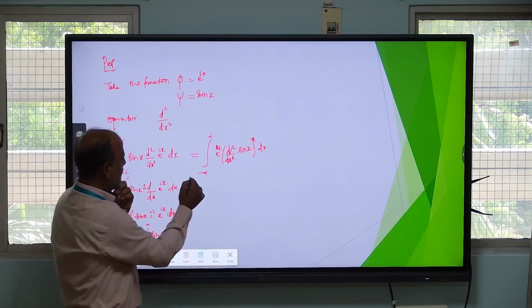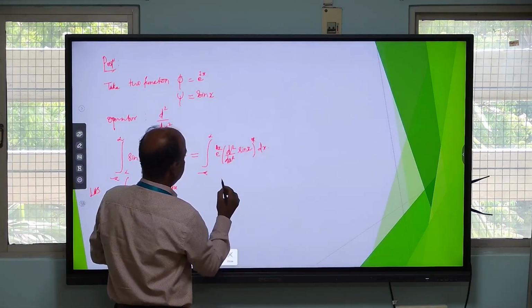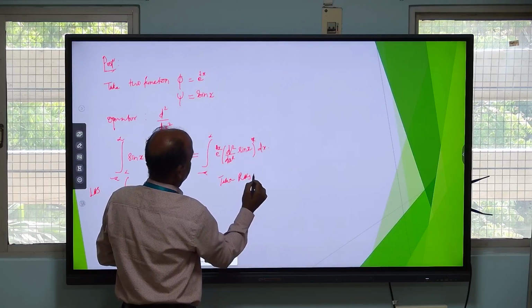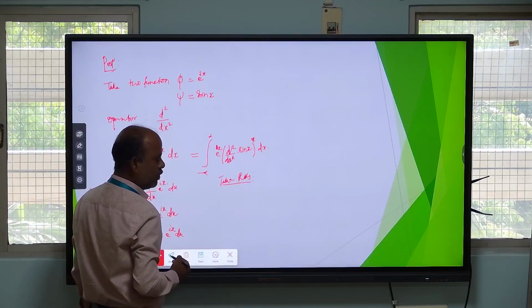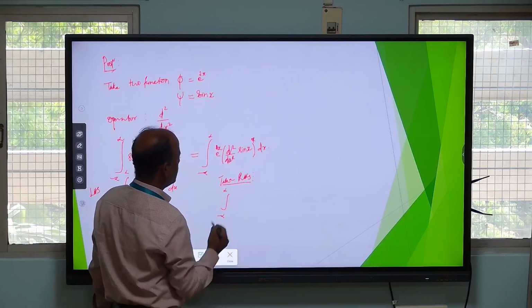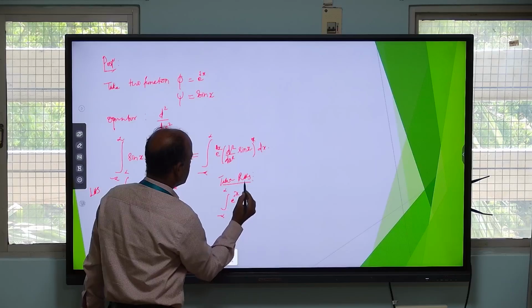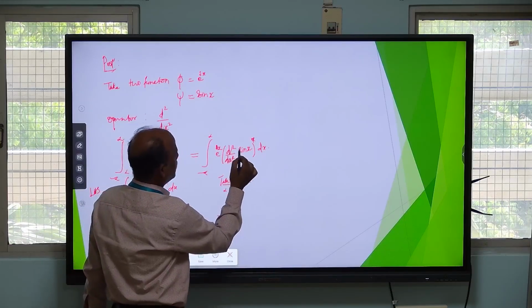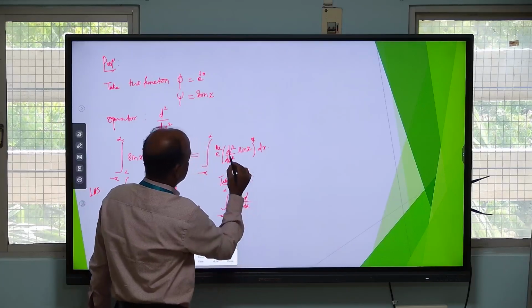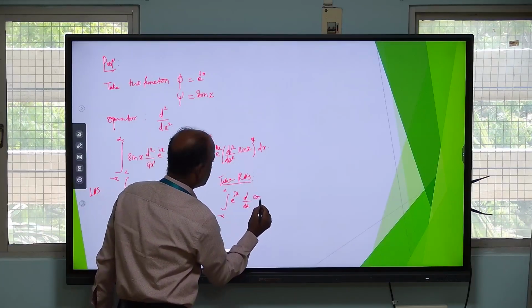Now take the right hand side of the equation: the integration from minus infinity to plus infinity of e power ix. When you differentiate sin x two times, the first time, d by dx, the differentiation of sin x becomes cos x.